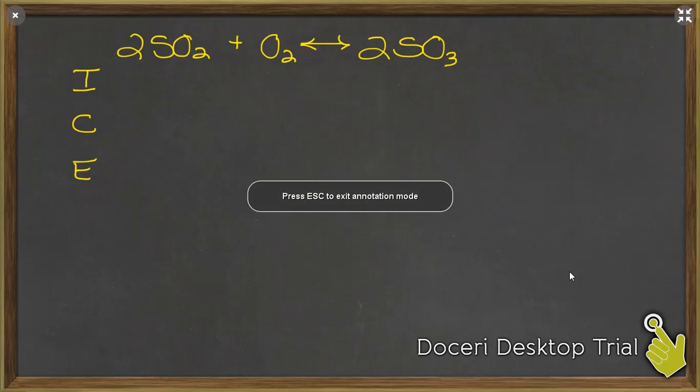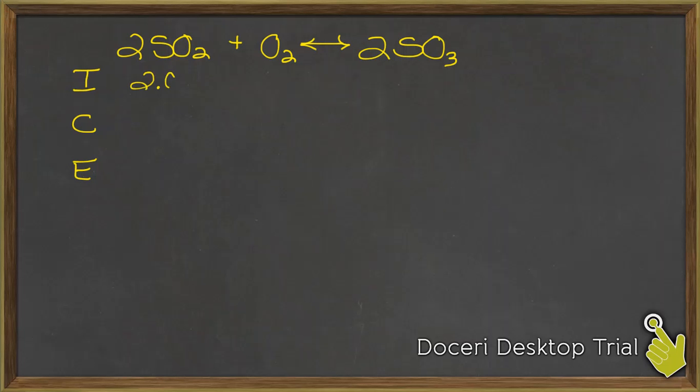So let's fill in the molarities. SO2 has an initial molarity of 2 molar. Oxygen is 1.5 molar. And SO3 is 3 molar. So those are the initial molarities.